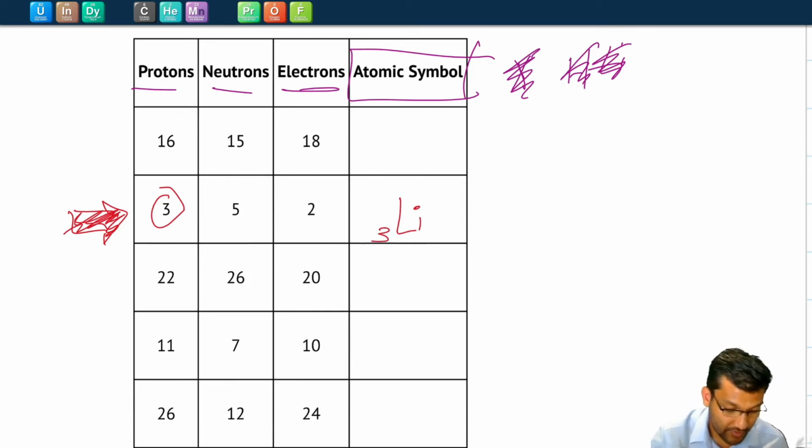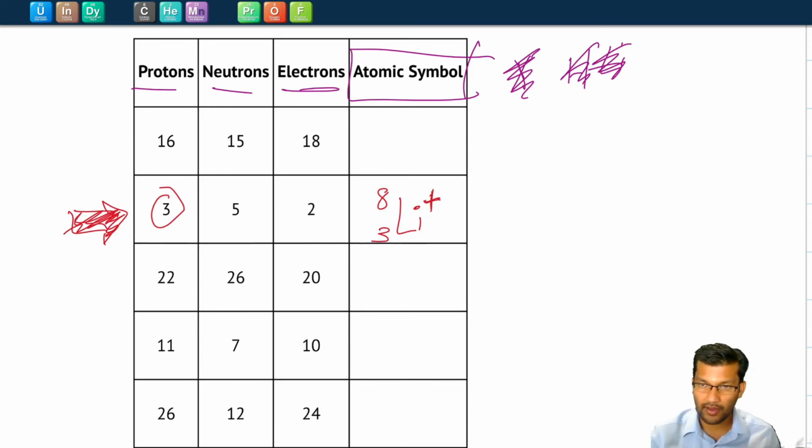Mass number is the number of protons plus the number of neutrons, so that's 8. 3 plus 5 is 8, so we write 8 up there. And the charge is number of protons minus number of electrons. 3 minus 2 is 1, or plus 1. Sometimes you just write a plus up there. So that's the atomic symbol for the second row.